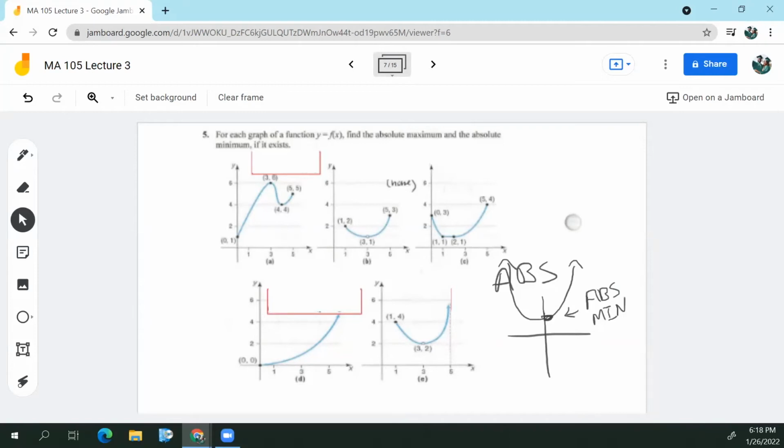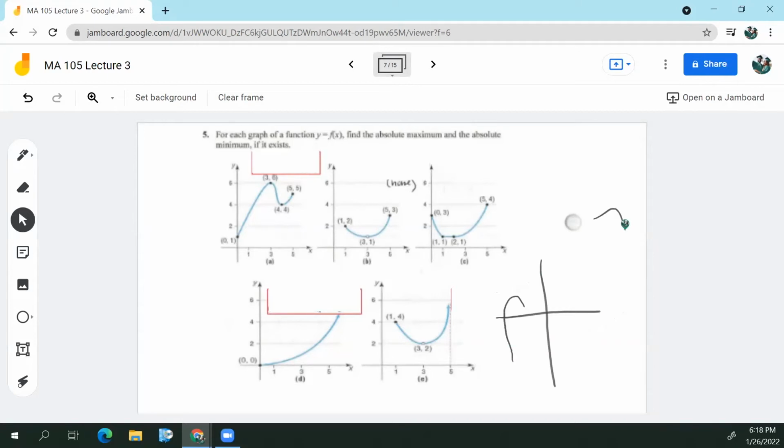And this is the difference between a local min. I'll give you an example. If you have some function that looks kind of like that, I've got a local or relative max here, and a local or relative max here, right?